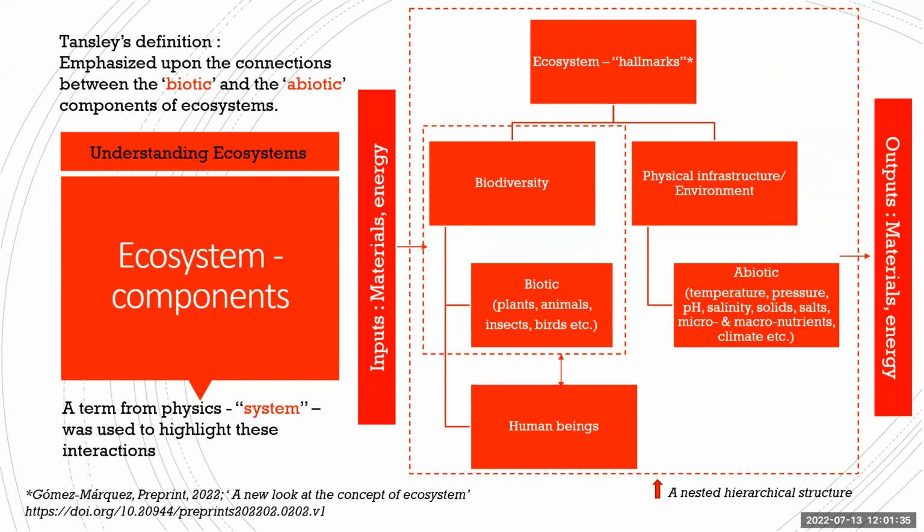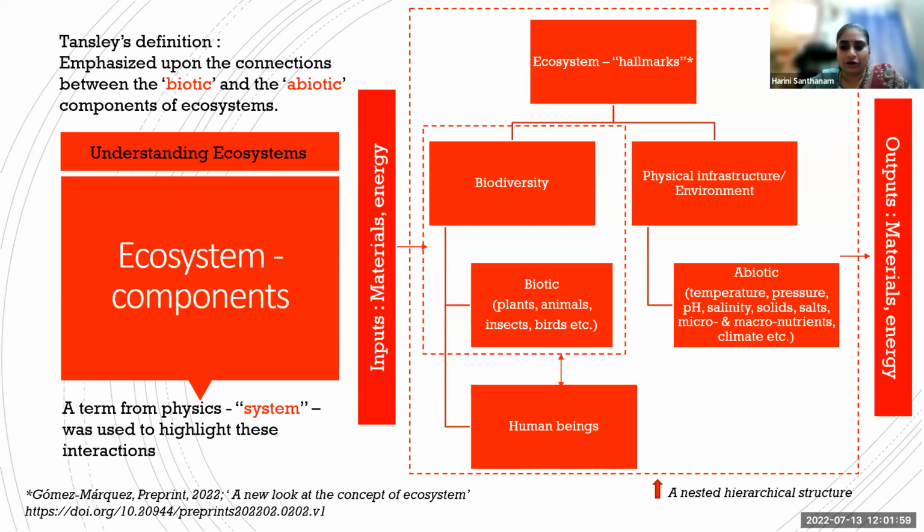They are actually physical or chemical processes. So these factors like temperature, pressure, pH, salinity, solids, salts, macronutrients, micronutrients, climate, are all common to different hydrosphere, atmosphere, or lithosphere, the different realms of Earth.